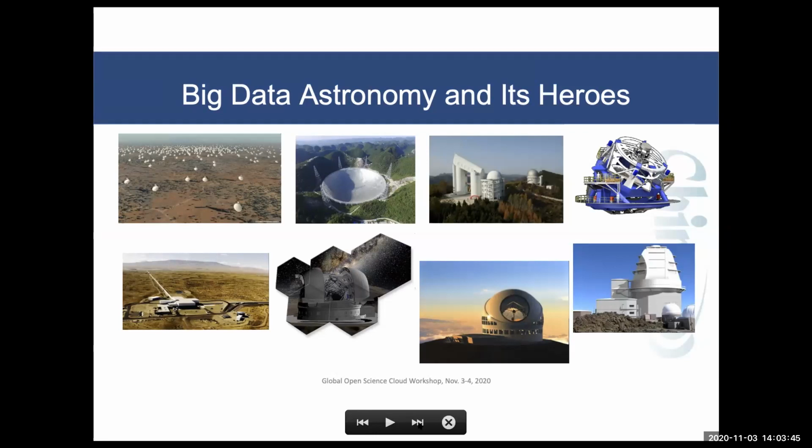Around the globe, we have many telescopes and observation facilities. Driven by these facilities, astronomy is a very classic and leading research field in big data science.